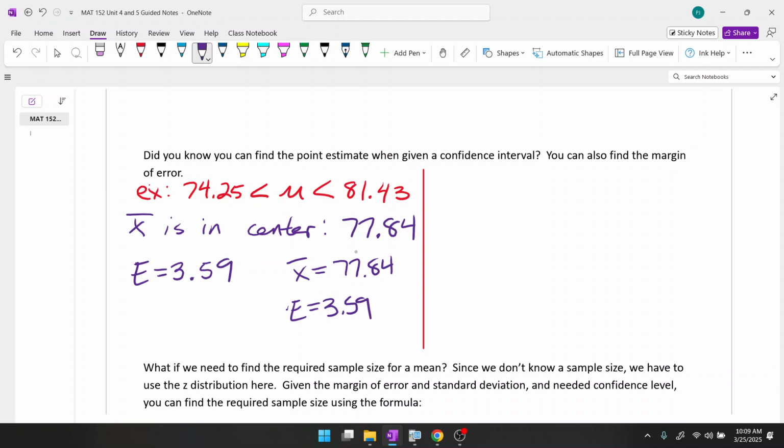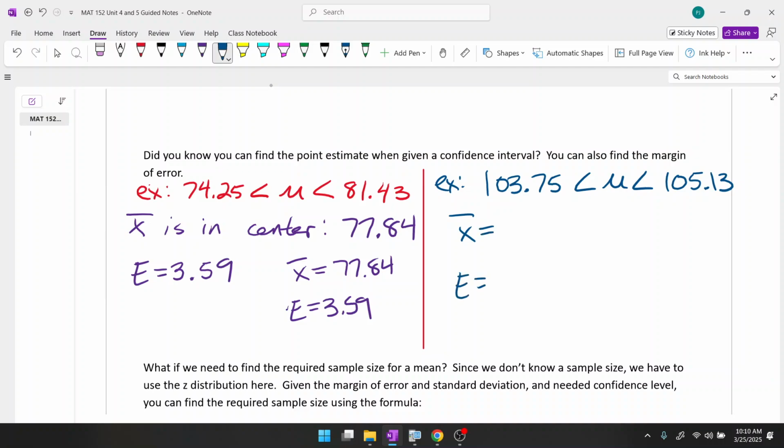Now, let's try another example. It's going to work the same with proportions, except for proportions, the point estimate will be a proportion. So 103.75 to 105.13. Basically, you can do the point estimate and the margin of error.